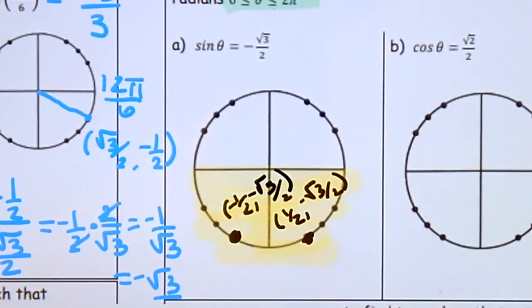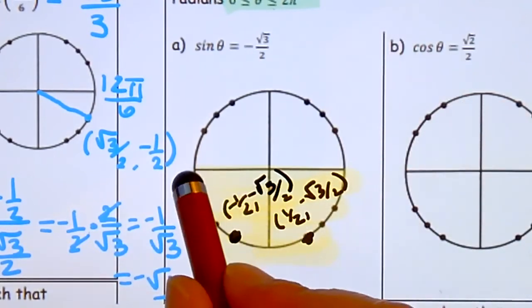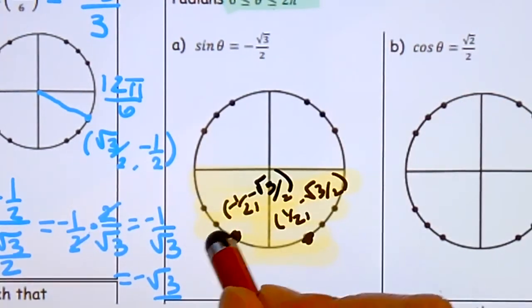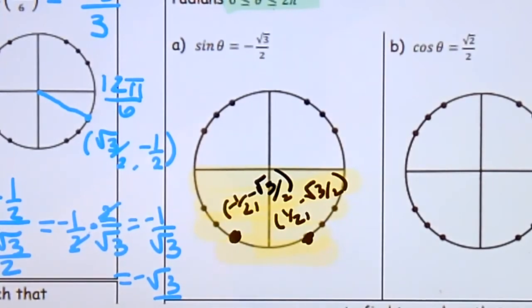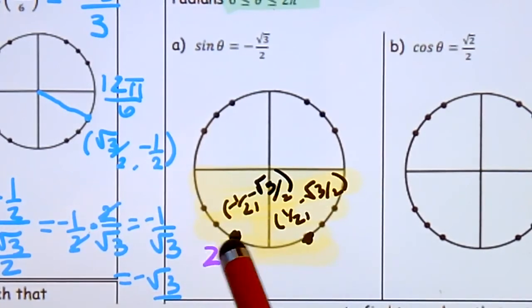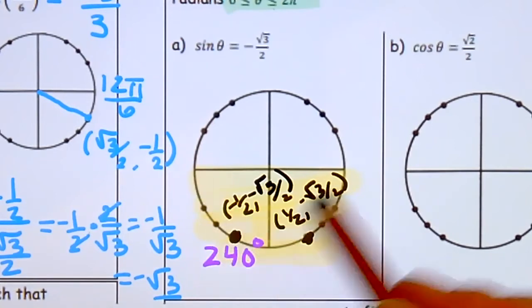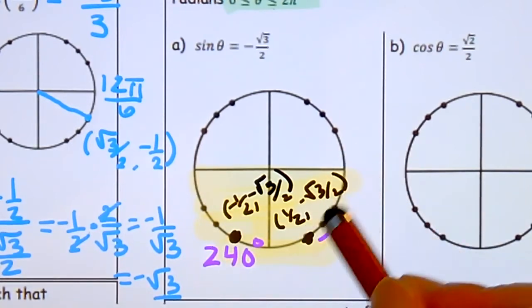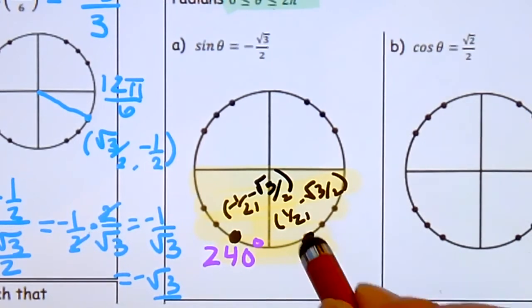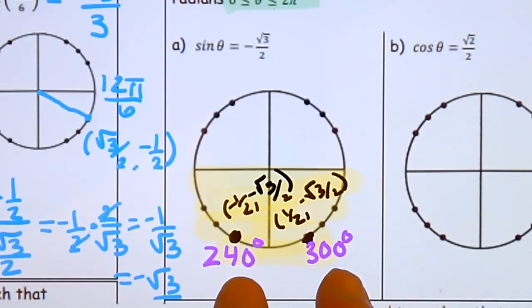So where am I? Okay, well, if I'm doing it in degrees, this is going to be 240 degrees, because it's 60 beyond 180, and this is 60 short of 360, so this is 300. So those are 2 answers, 2 angles from 0 to 360 that have this as their sine.